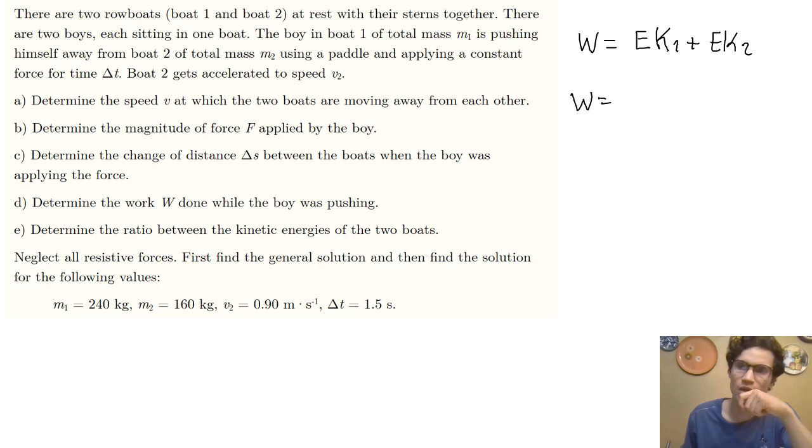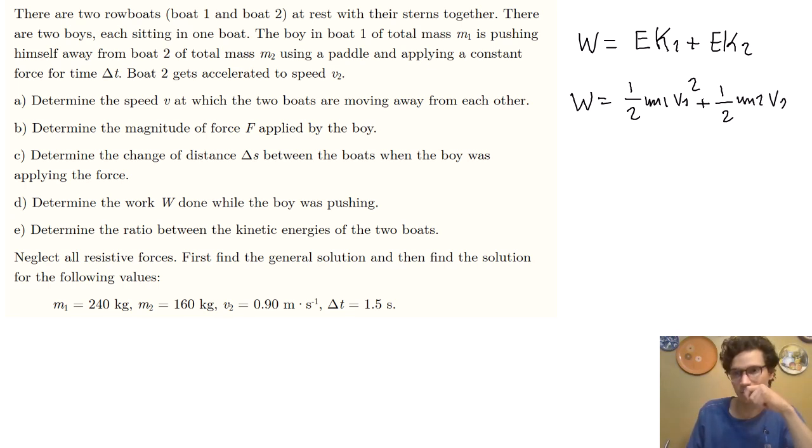Using the formula of kinetic energy, it is 1/2 mass 1 times velocity 1 squared plus 1/2 mass 2 times velocity 2 squared.